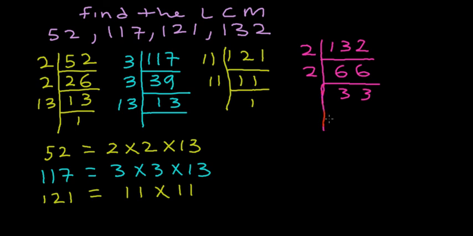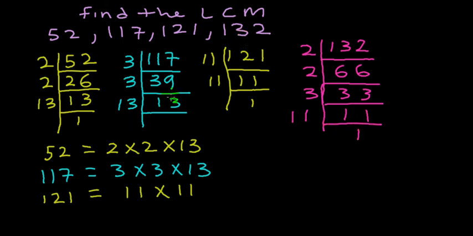2 can no longer divide this number, so we move on to 3. 3 can divide 33. 3 in 3, you get 1. So the only prime number that can divide 11 we know is 11. So 11 in 11, that's 1.